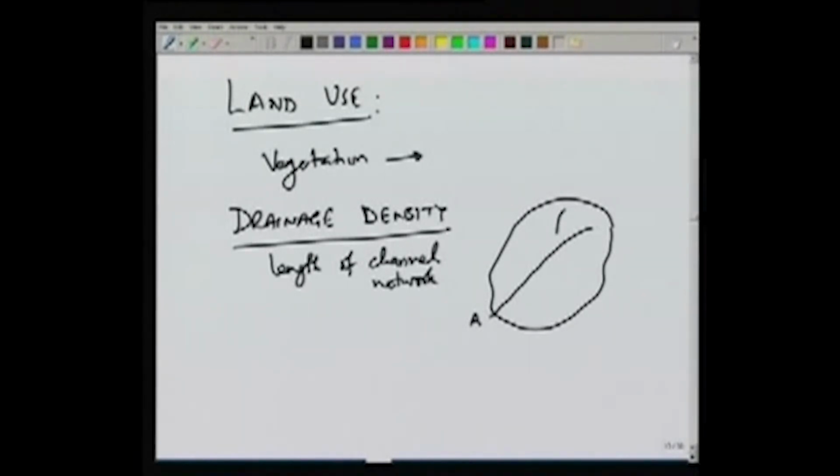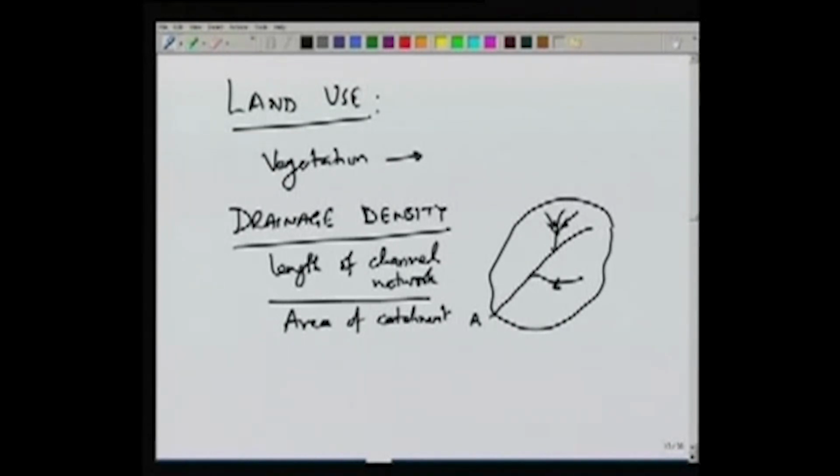So, if we have a tributary joining in here, another tributary joining in here, and these tributaries may themselves have some smaller channels joining them, this is the length of the entire channel network per unit area of the catchment. So, divide by the area of the catchment. This is known as the drainage density.